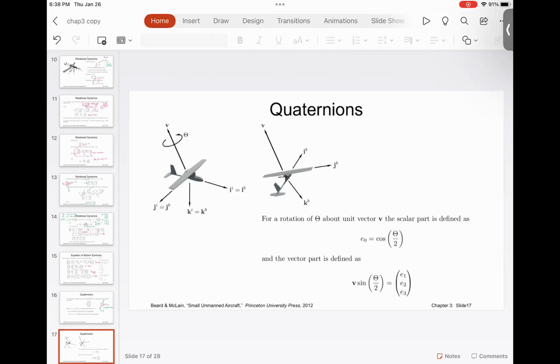Now, we just gave you an intuitive definition, but a quaternion can represent multiple rotations. For example, if you have a roll, pitch, and yaw rotation combined together, that big direction cosine matrix, the first rotation matrix multiplied by the second multiplied by the third, that whole big matrix can be represented with a quaternion about an appropriate axis.